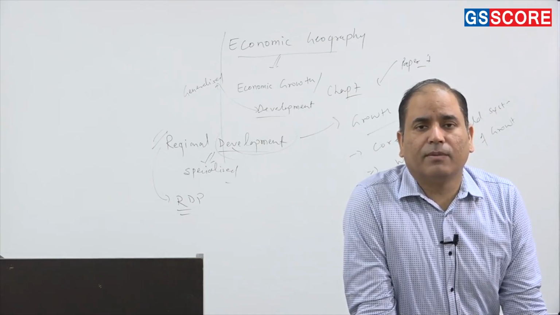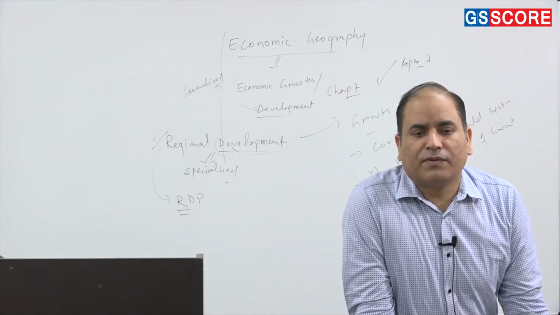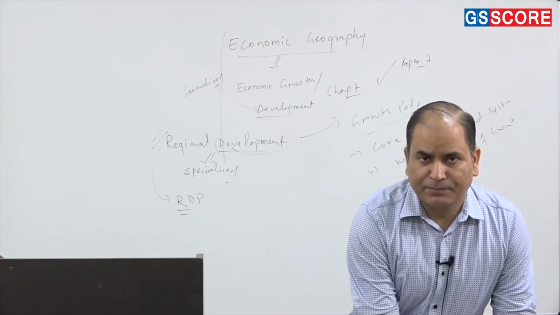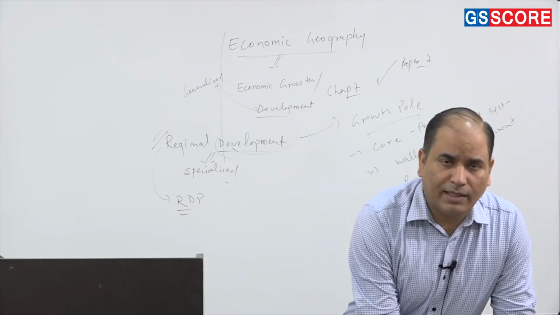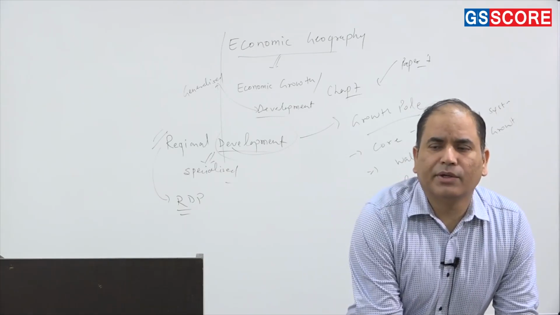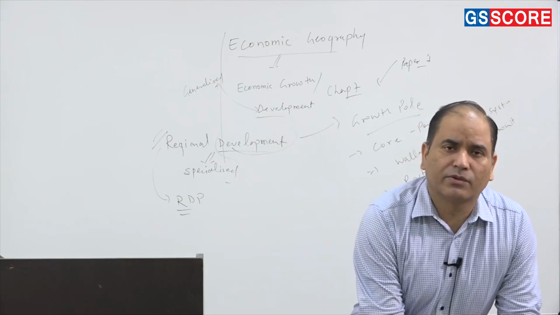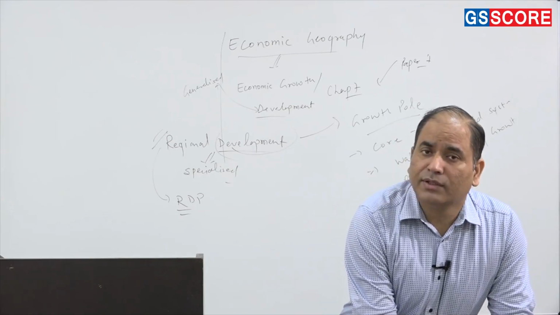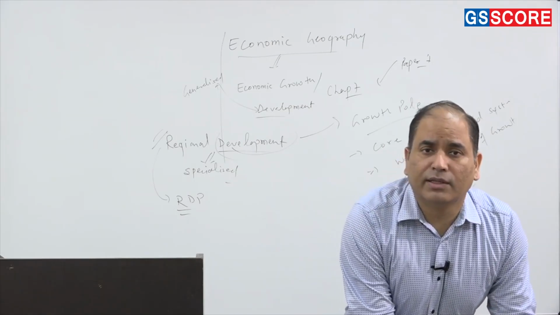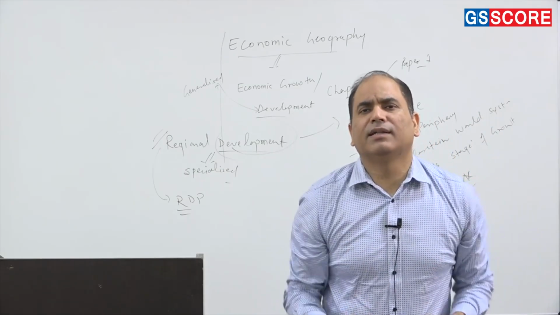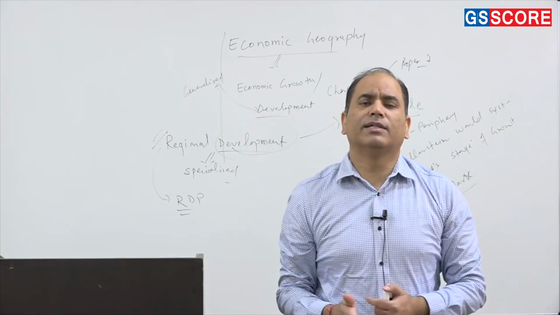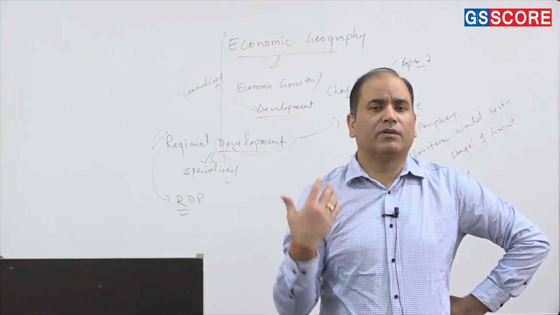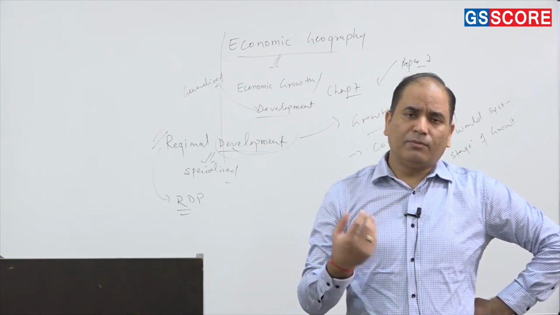Human and economic geography appears, for some students, their thought process is that it is very difficult on two counts. पहला तो ये है कि they think that we need to remember lots of names, lots of philosophers को हमें पढ़ना है. तो that is completely, you can say, a wrong notion. जो भी आपको philosopher, जो भी आपको thinkers पढ़ना है, you can minimize it by just having the idea that how geography as a discipline has evolved, and in that evolution what were the different approaches, what were the different methodologies that were followed. तो आप उस तरीके से कर लीजिए.